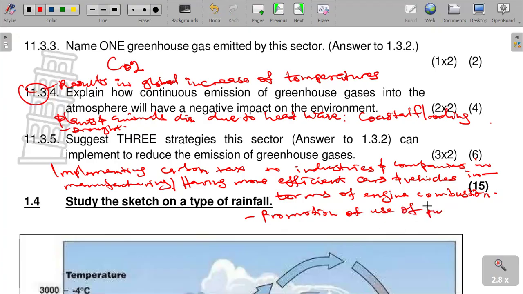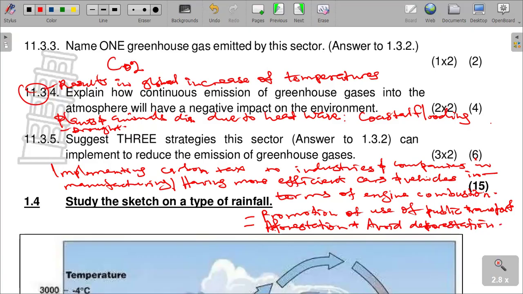We can as well talk about afforestation and avoiding deforestation. All measures that have to do with reduction of greenhouse gases are quite necessary and relevant.